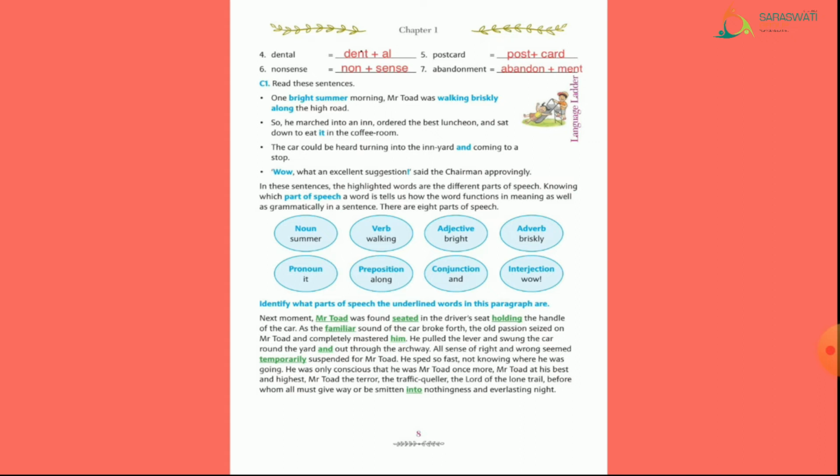Number 5, him is a pronoun. Number 6, and is conjunction as it is joining two sentences. So that is conjunction. Number 7, temporarily. Temporarily is adverb. And number 8, into. Into is preposition, showing the position of noun.